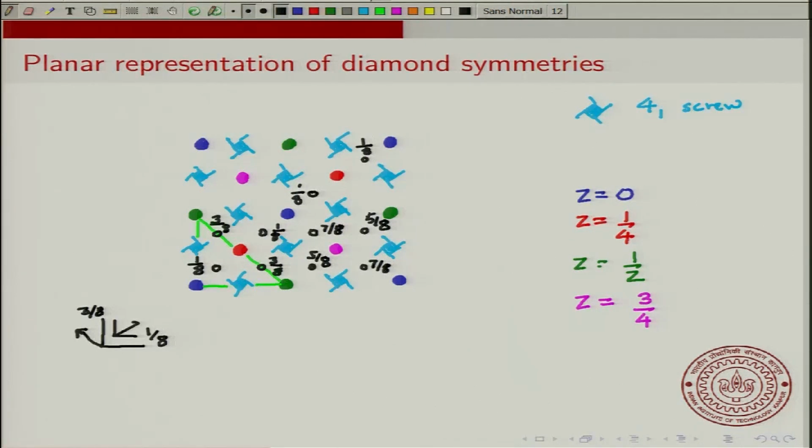Okay. Now there are several other axes. For example, this is a four-fold roto inversion axis. So there is a four-fold roto inversion axis located right here.